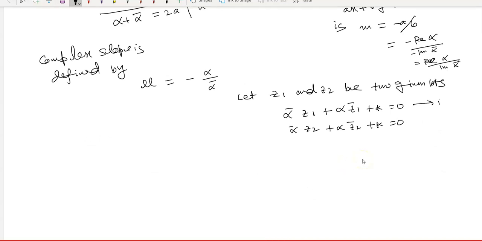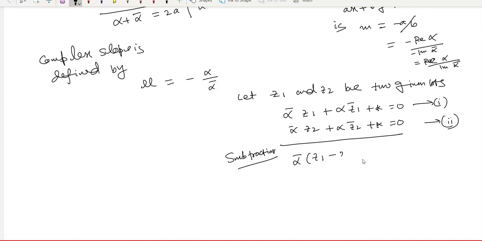Take this one as number 1, this one as number 2. If we subtract this from this, then alpha bar into (z1 minus z2) plus alpha into (z1 bar minus z2 bar) equal to 0. So alpha bar (z1 minus z2) equal to minus alpha (z1 bar minus z2 bar).